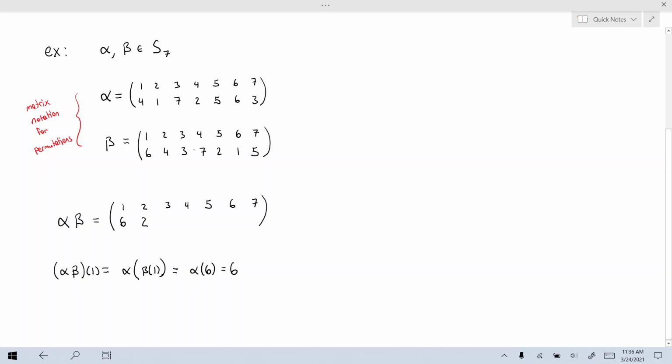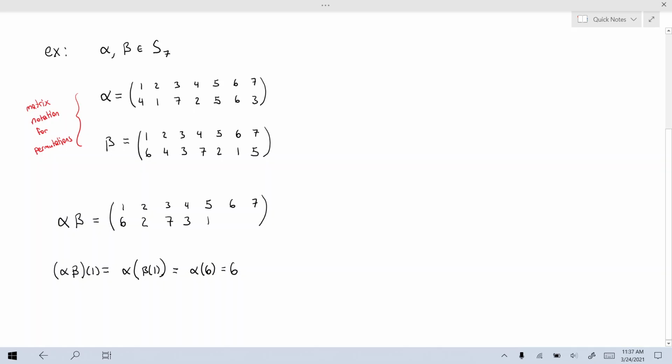So then take that 3 and go up to here, and alpha of 3 is 7. Alpha beta of 4, so beta of 4 is 7, and then alpha maps 7 to 3. Alpha beta of 5, so 5 maps to 2, and then alpha will take that 2 and map it to 1.